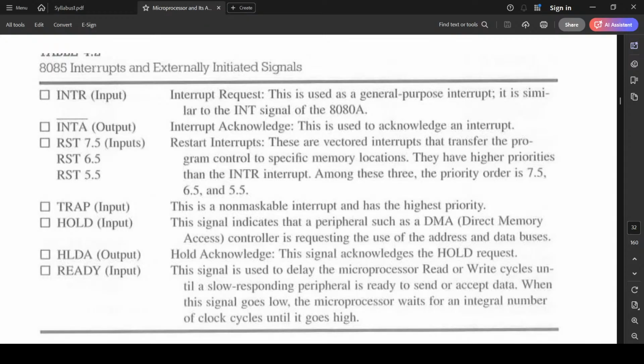Non-maskable: unlike the other hardware interrupts like RST 6.5, 7.5, and 5.5, the TRAP cannot be disabled using DI, disable interrupt. Non-maskable means it can't be disabled. It is always enabled, whereas the other interrupts can be disabled with the DI instruction.